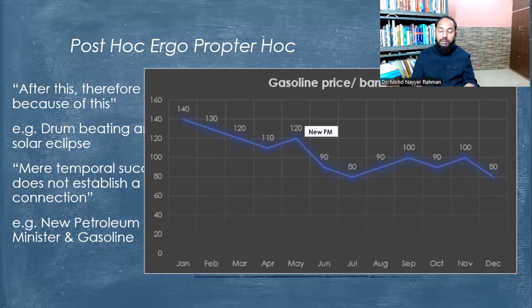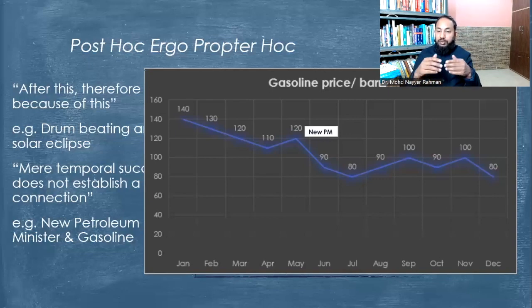Now, there will be people writing articles, people believing that because a new petroleum minister has been appointed, and just after his or her appointment the gasoline prices have started falling, there is some kind of relationship between the appointment of the new petroleum minister and the fall in gasoline prices.